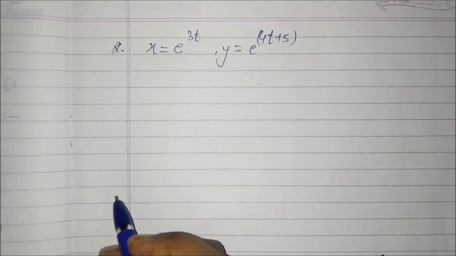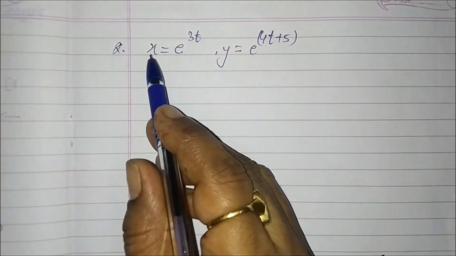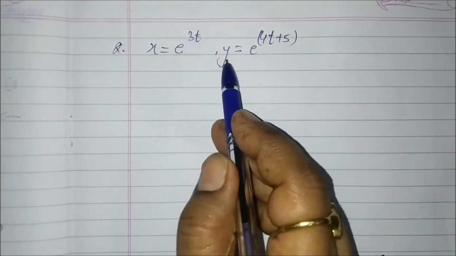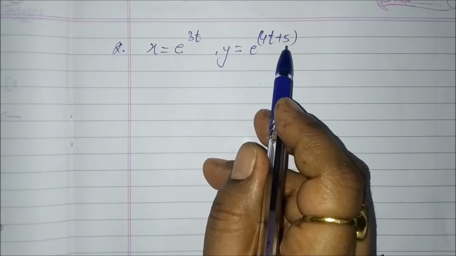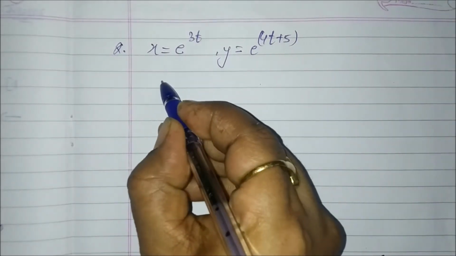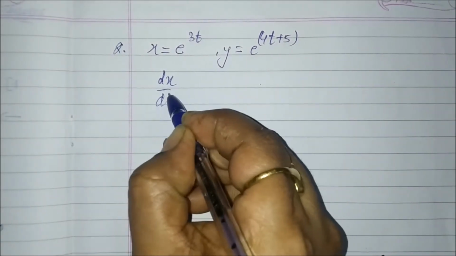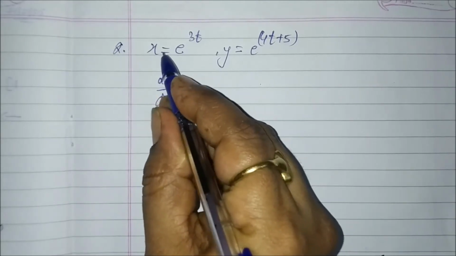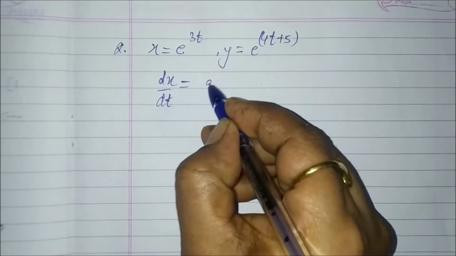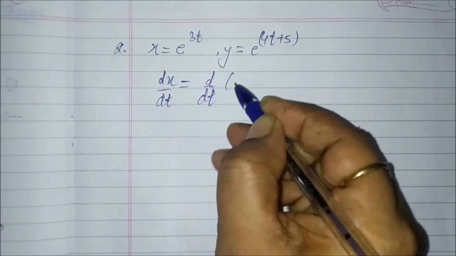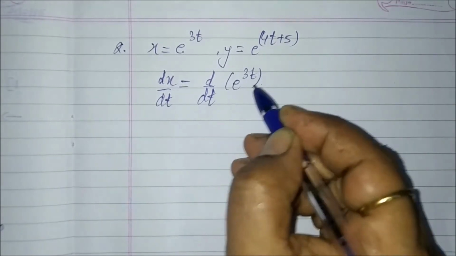Now the next question: x is equal to e raised to 3t and y is equal to e raised to 4t plus 5. Again, first find dx by dt, differentiating x with respect to t. d by dt of e raised to 3t.